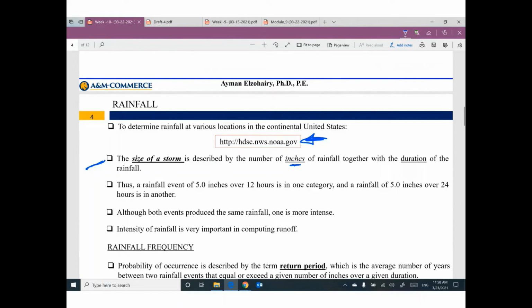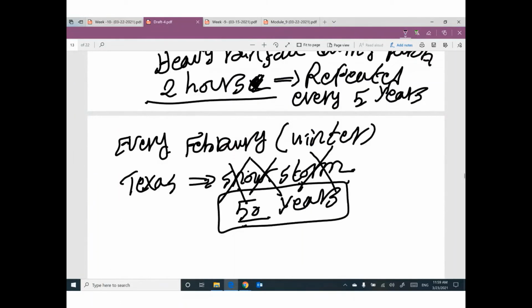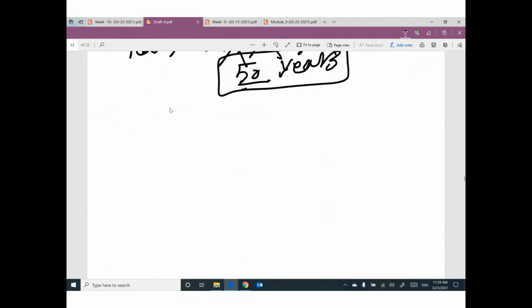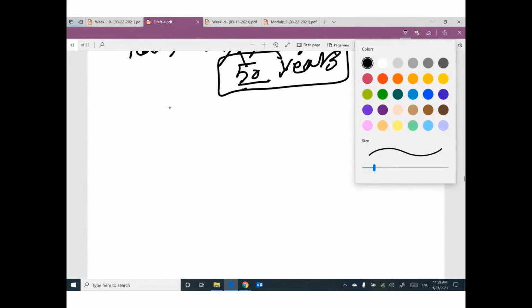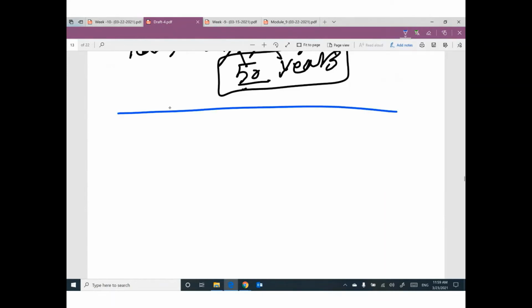If you are watching the news or any broadcast expectation, you will see, hey, there is a snowstorm hitting Colorado, and the snow expected is 2 feet.